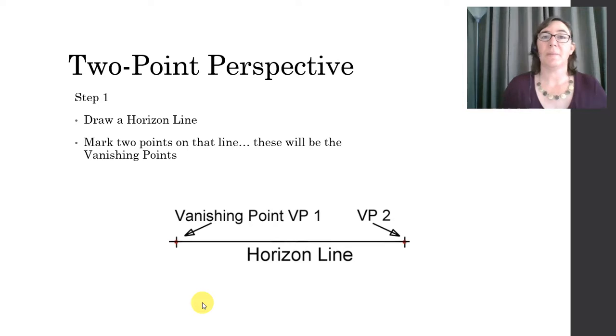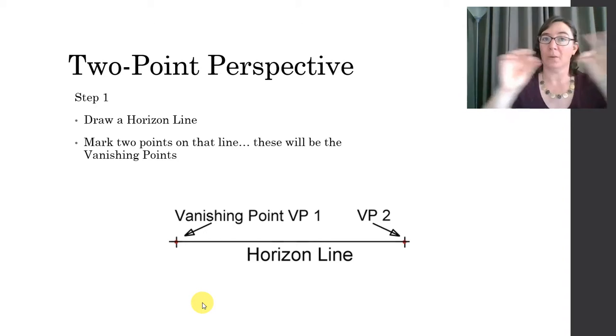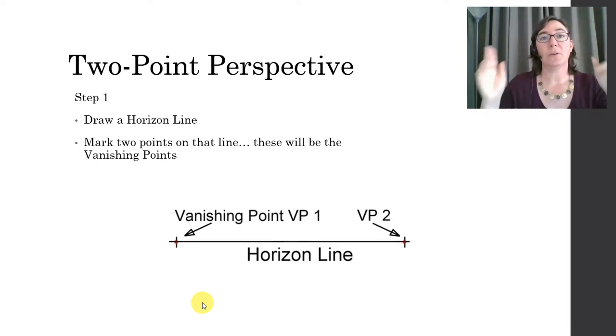I'm going to walk you through step-by-step instructions for how to draw a simple box in a 2-point perspective system. I suggest you grab a pencil and a paper and see if you can follow along. So our first step is to set up our horizon line, and we're going to mark 2 vanishing points on that horizon line.